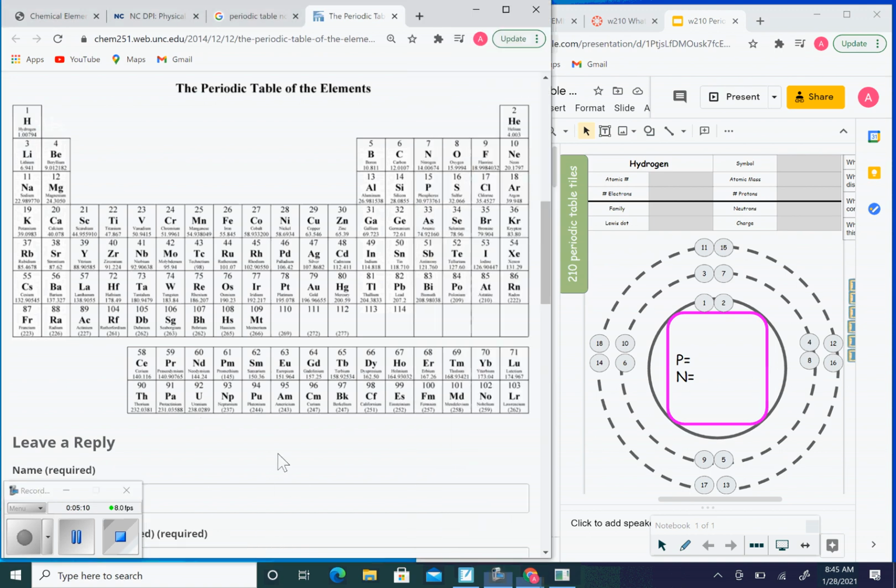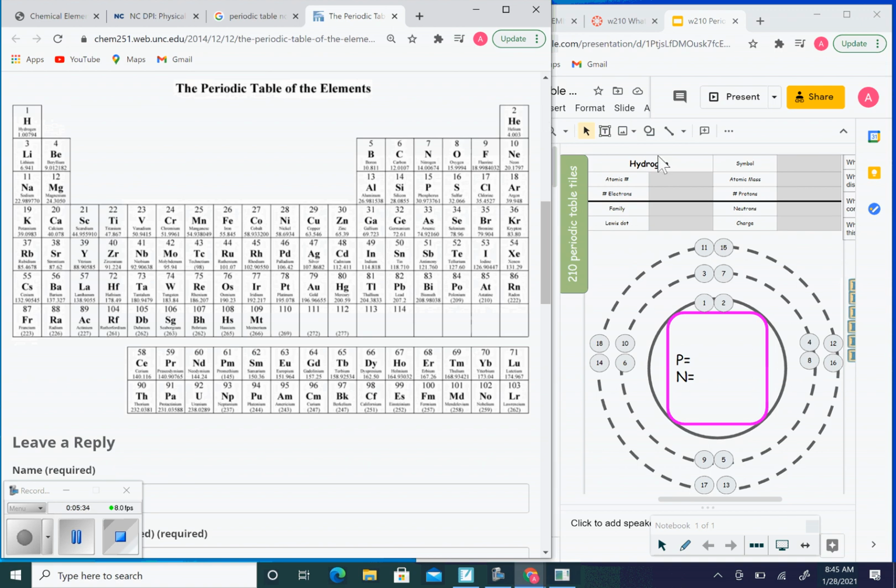So this is basically the same thing that you've got. There's lots and lots of different ones of these. Okay, so the next step is you are going to fill out the symbol, the number of electrons, the number of protons, and the atomic number and the atomic mass.